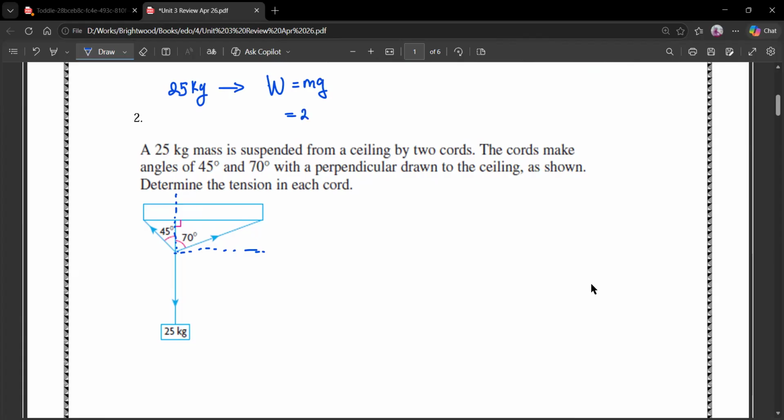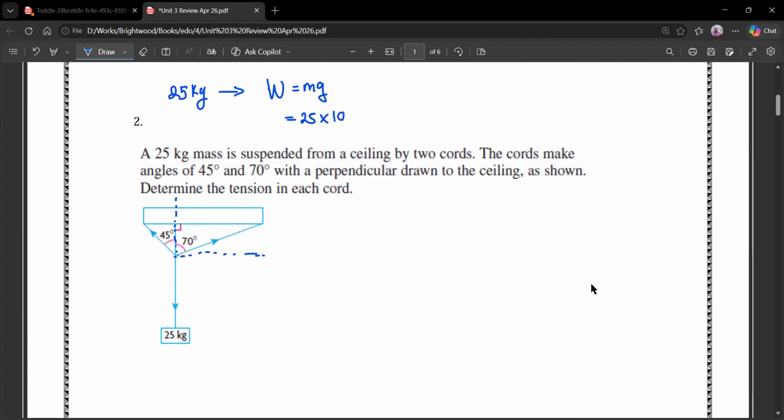Mass is 25 kilograms and gravitational acceleration is 10, so it's 250 newtons. Now if you consider the vertical direction, what is the upward value? If I consider this T1, tension 1, and this tension 2, what should the upward values be when you consider T1 and T2?